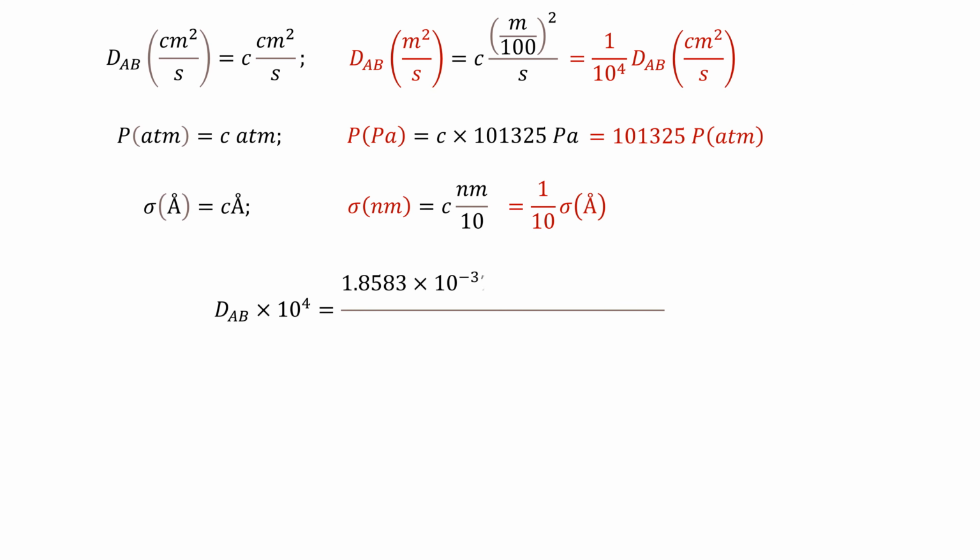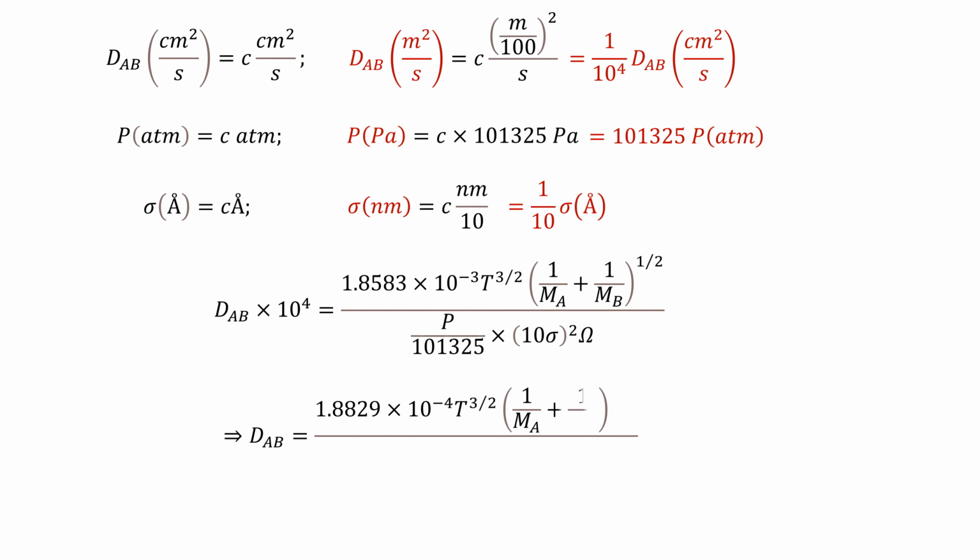Now we will simply put all the equivalent expressions in the initial equation and we will get this equation. Now after simplification we will get this equation. So here this value corresponds to the constant, that is capital C. So the value of C will become 1.8829 into 10 raised to the power minus 4.